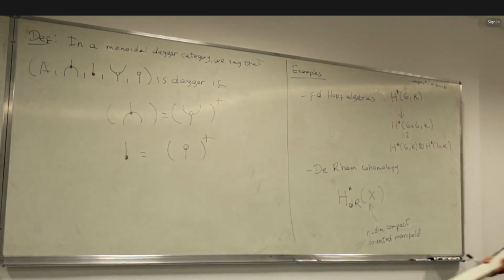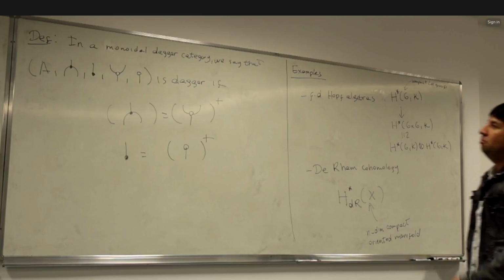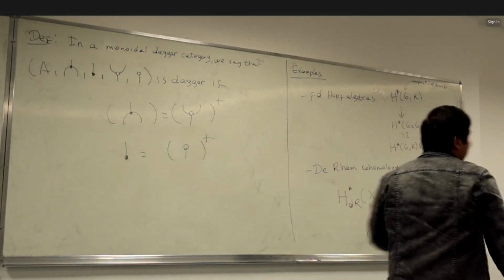So at least in monoidal dagger categories, the monoid structure induces the comonoid structure.